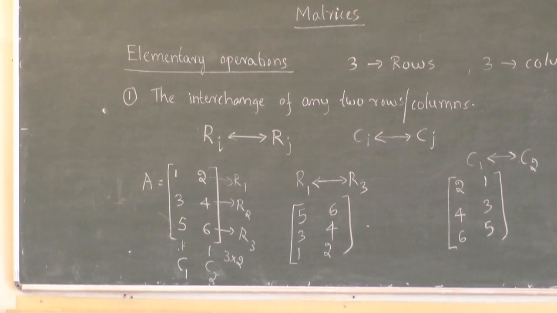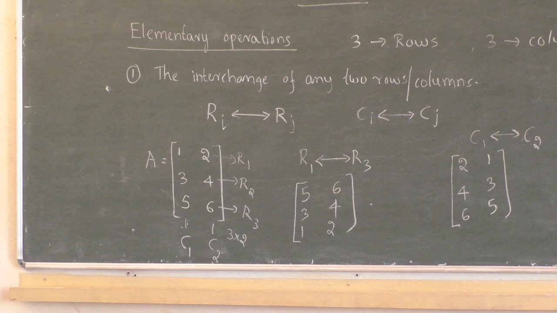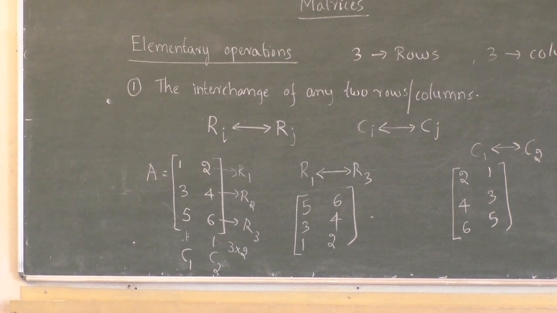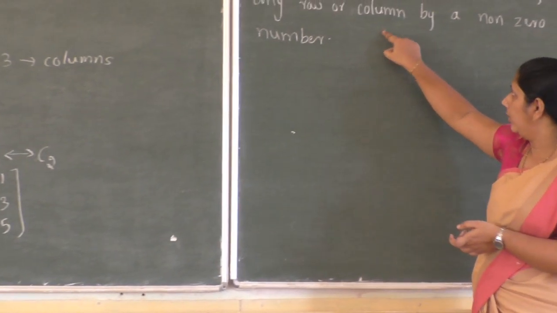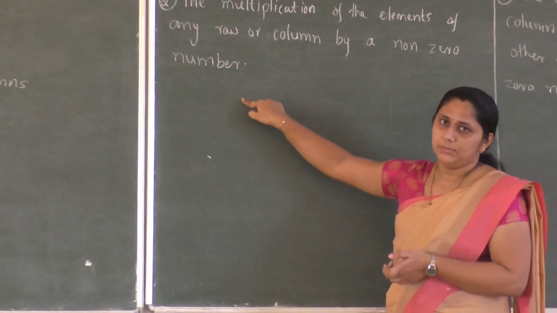Now the second elementary operation, that is the multiplication of the elements of any row or column by a non-zero number.